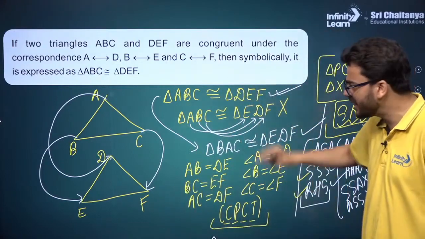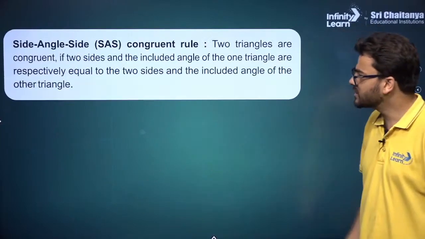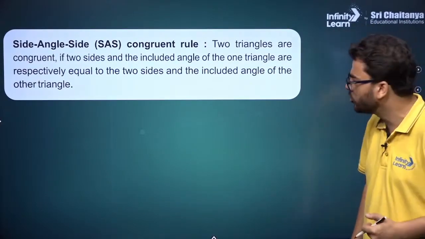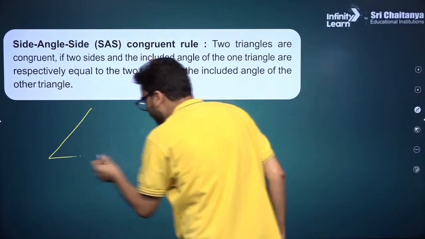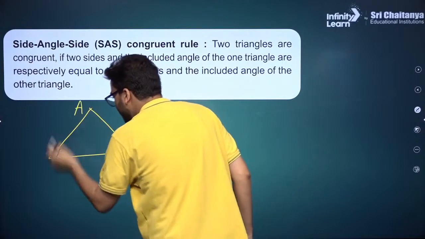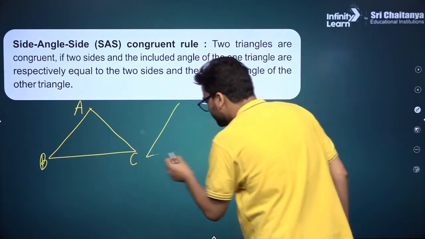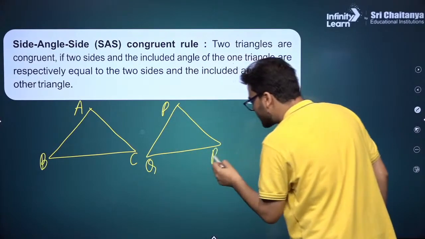Now let's see each of these congruency criterion one by one. So the first one is SAS congruency rule, which is an axiom we will not be able to prove. I'll just show this, okay? So basically, if you have got two triangles like this, ABC over here, and PQR over here, and it is given over here.